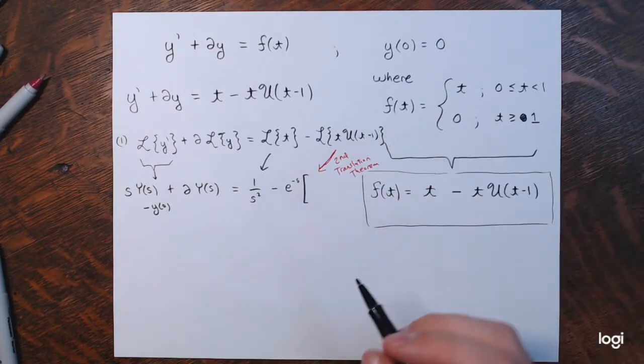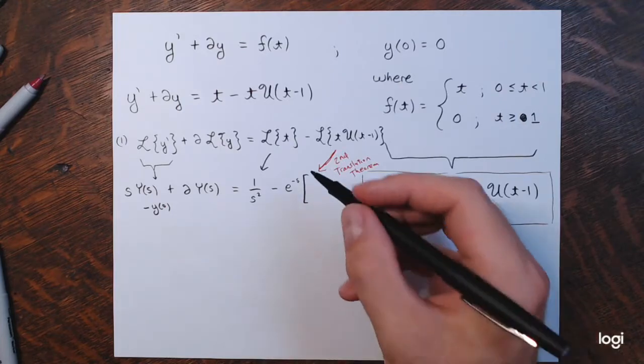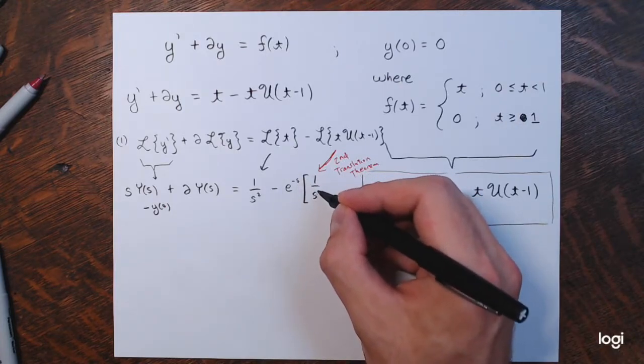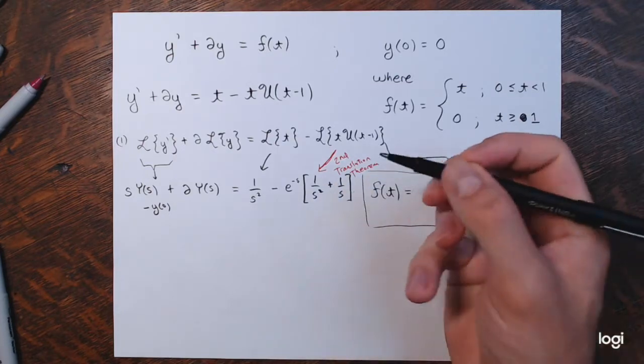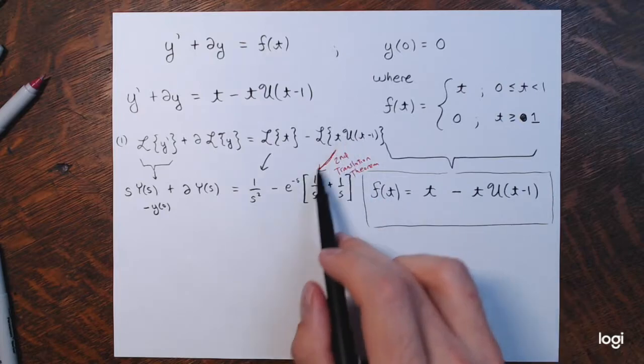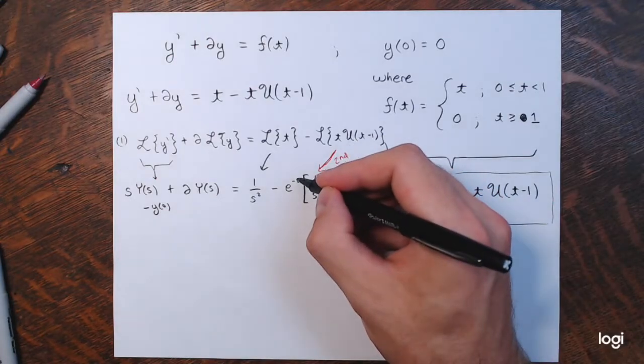So the Laplace transform of t plus 1 is 1 over s squared plus 1 over s. So again, I leave it to you to figure out where that all came from. If you don't recall, go look at my last video on the second translation theorem. I know I've been saying that a bunch.